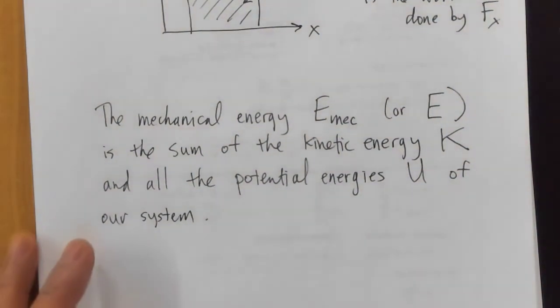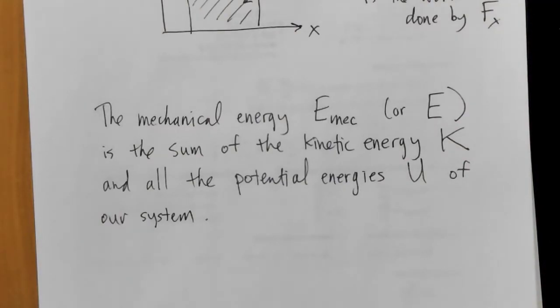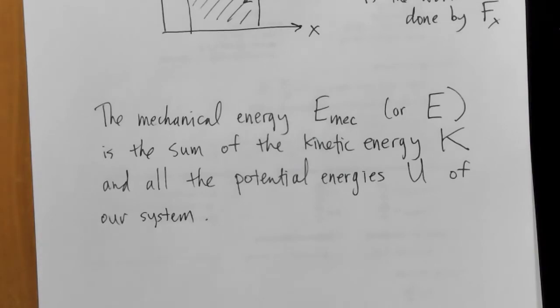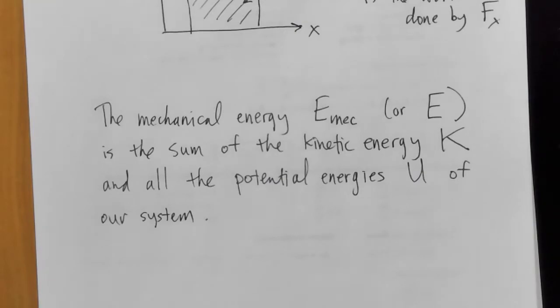Okay, remember the potential energy, you have to have a conservative force. Remember we said if you have a conservative force, then the work that it does is independent of the path it takes from the initial to the end.